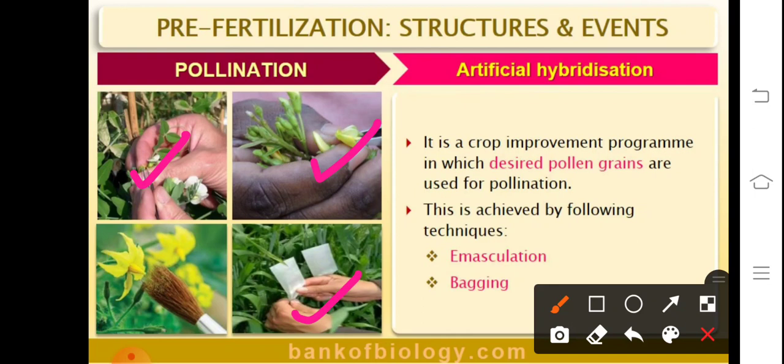That means butter paper or zip polythene could be used to cover the female so that cross pollination with any other male could be avoided, and the desired pollination or fertilization could be brought about with the male of our interest. In the last step, the desired pollen grains are dusted onto the female plant so as to produce the individual with desired qualities.